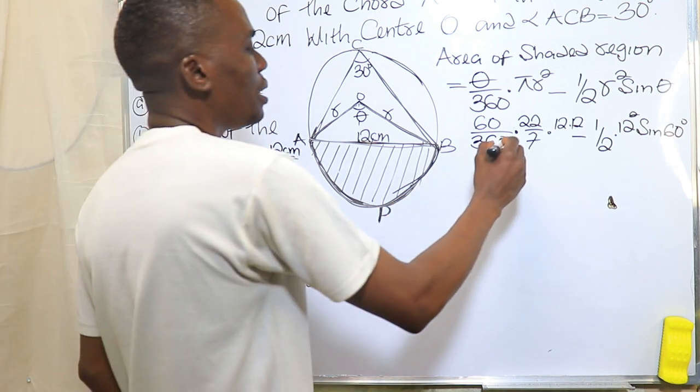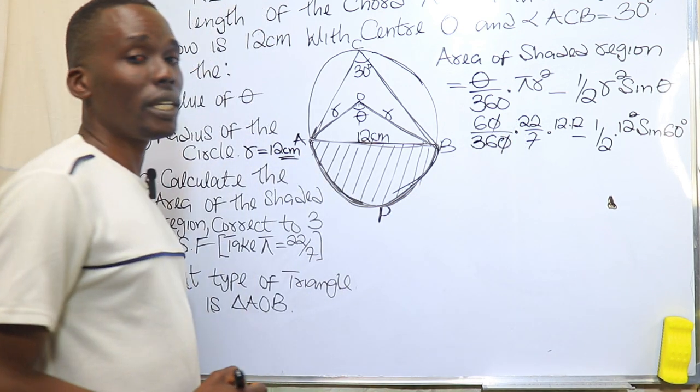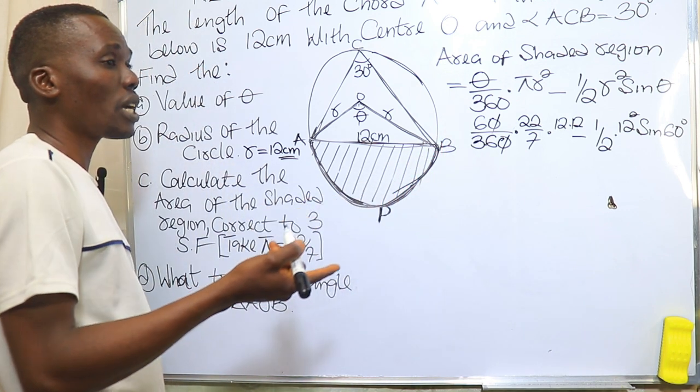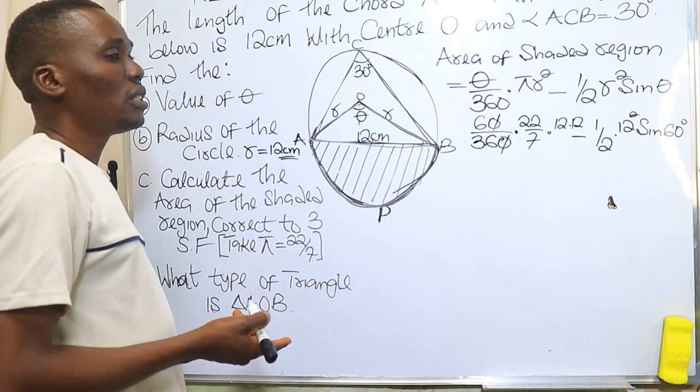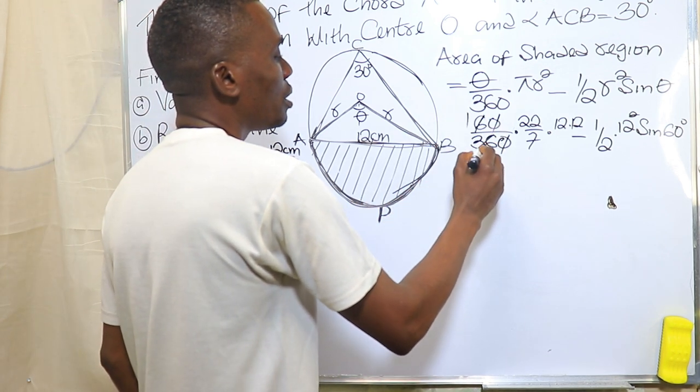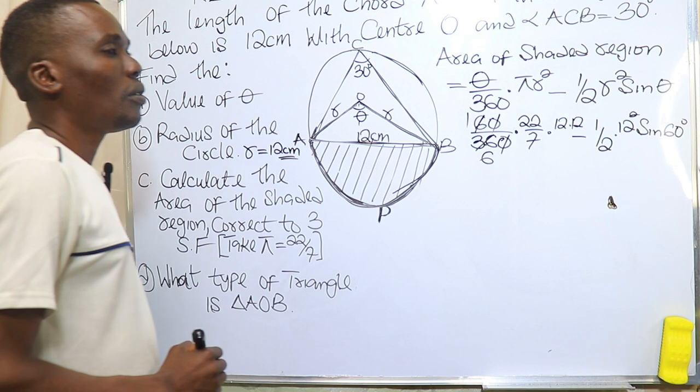Now let's simplify this. If we simplify this, this will cut out this, right? So 6 will also cut out. 6 here, 1, and 6 the other way will give us 6, right?